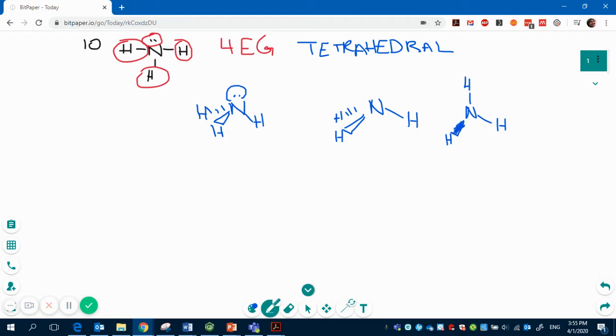In general, when we're drawing in 3 dimensions, we don't have to show electron pairs, and that's why we differentiate between this version and this version. But one of the things I want you to get used to is, especially in the cases of nitrogen and oxygen, show the lone pairs.